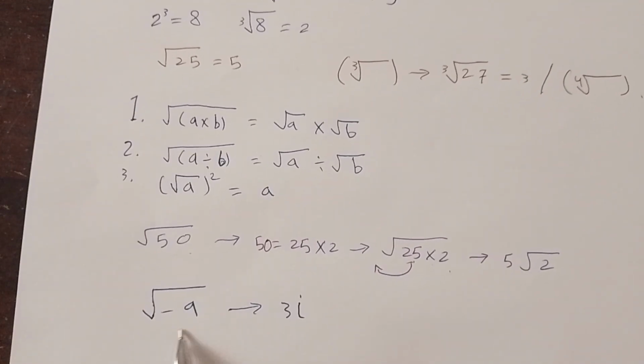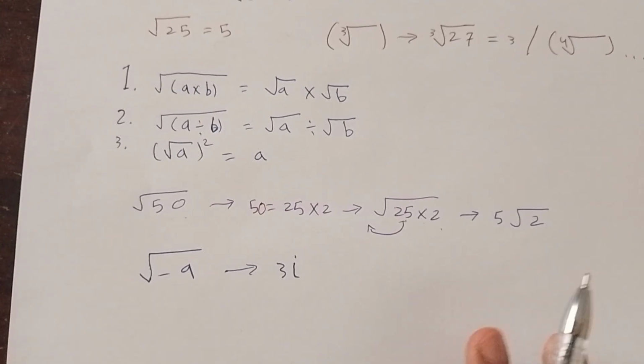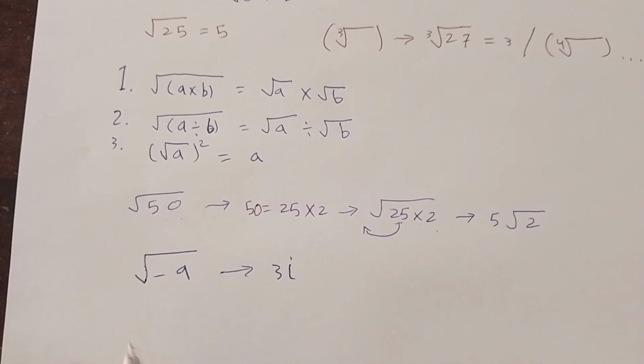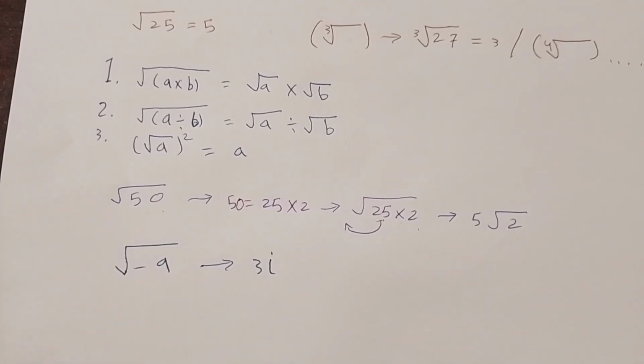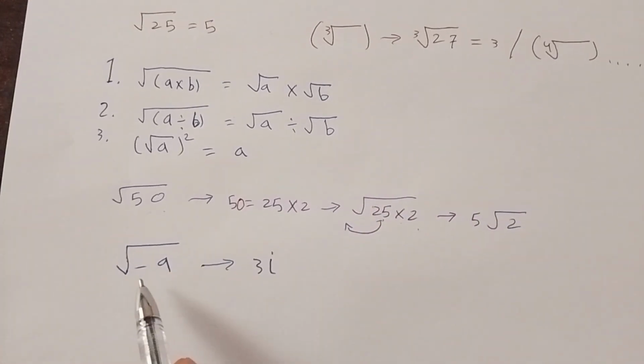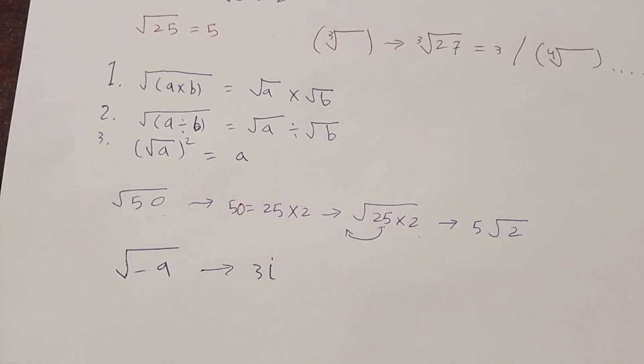And the last thing you should notice when you solve any root that faces you, for example a square root, cube root, or fourth root: if the number is negative, we don't have a real number that, when squared, gives a negative. So for the square root of negative 9, instead we write i for the negative sign.